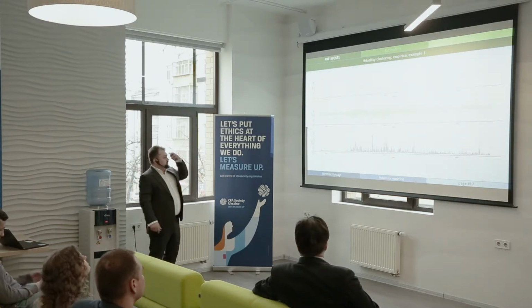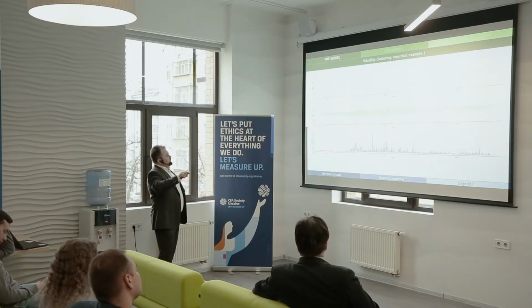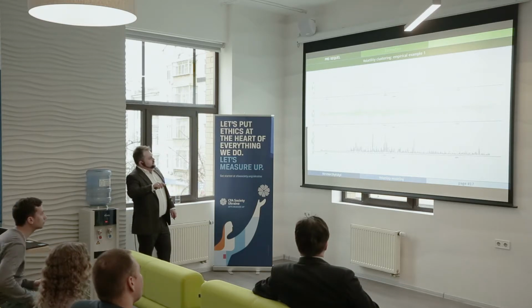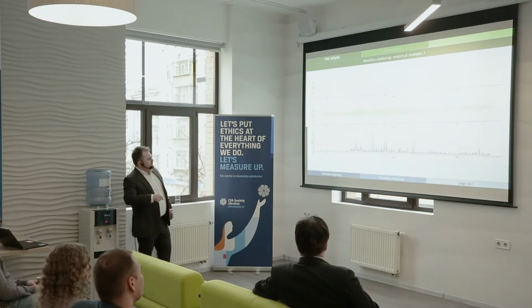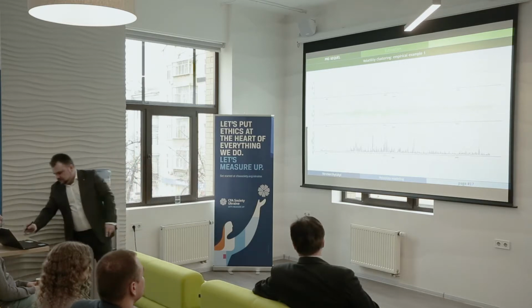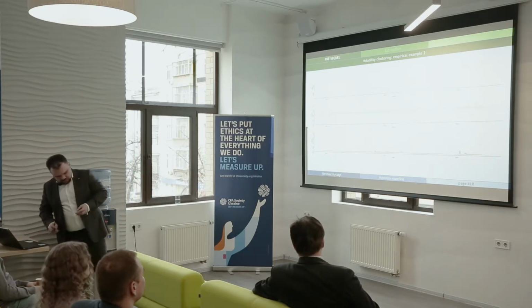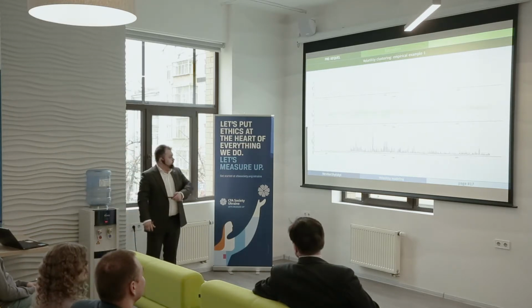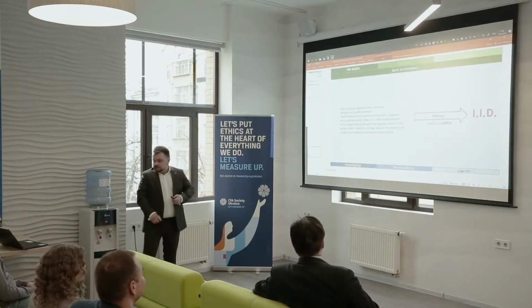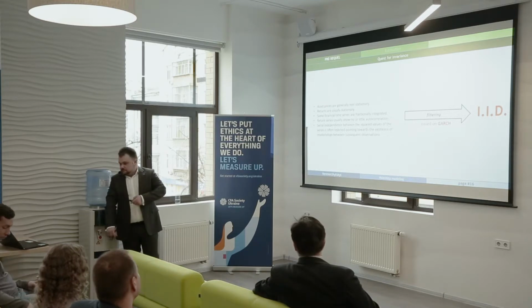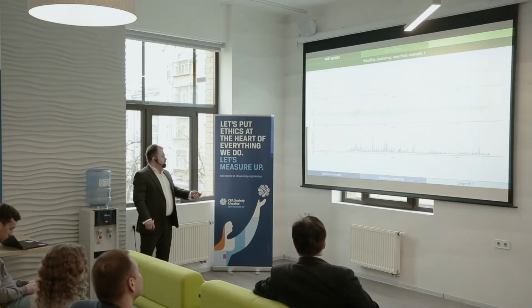For example, let's look at the time series of oil prices. This is the return of oil prices for the last almost 5 years, and this is the squared return. We can see that here we have low volatility.